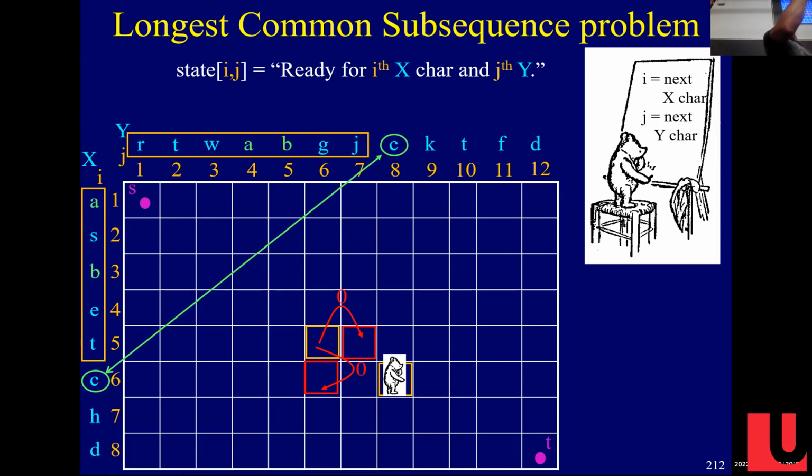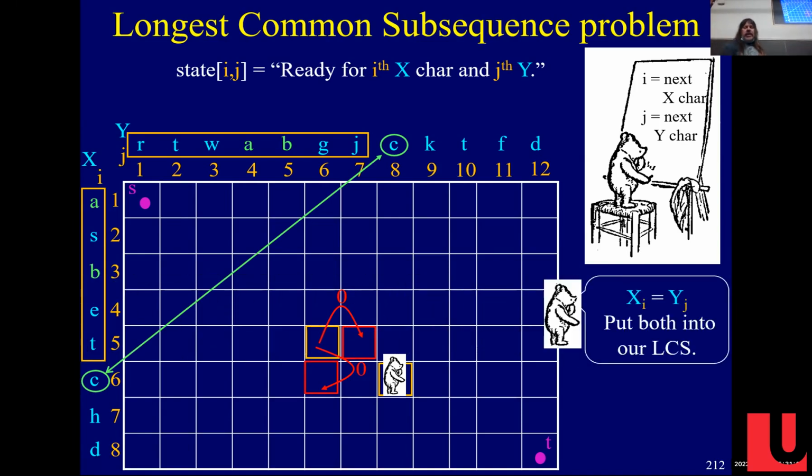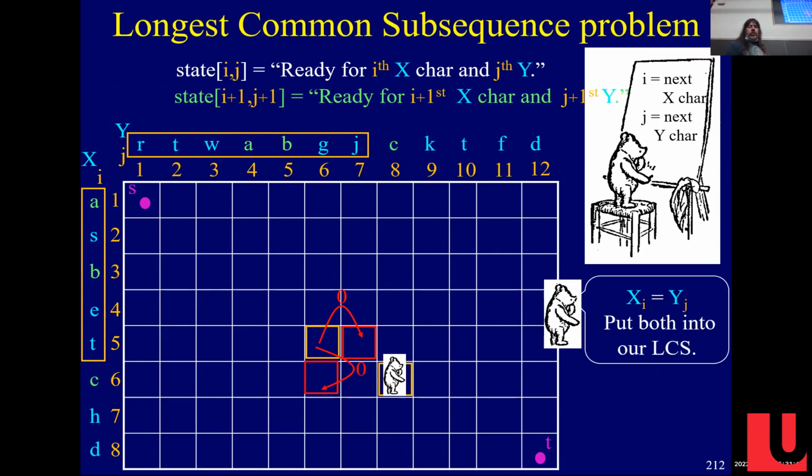You could say, well, we could skip one, but they're in some ways the beginning of your string. If your strings start with the same letter, dude, match them. So here they're equal. We're going to put both of them into our longest common subsequence, and so we move forward on both.